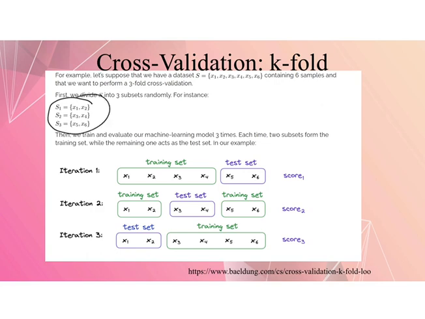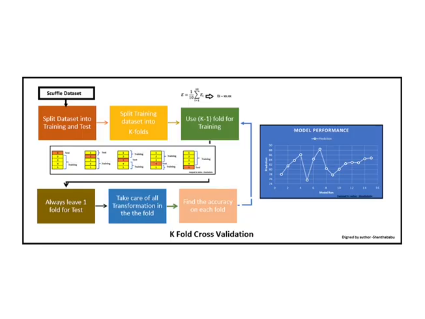Kalau tengok k-fold, dia bahagi kepada 3. So k equals to 3 fold. Bila 3 fold, ada 3 subset, S1, S2, S3. So yang ni akan jadi test set. Ini antara illustration on how k-fold is executed.